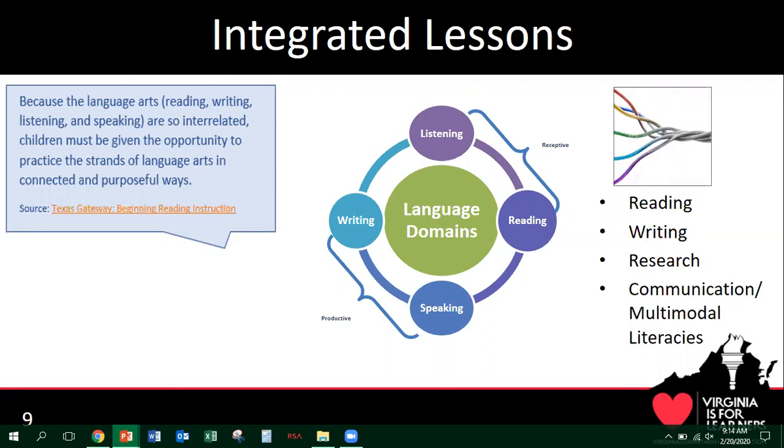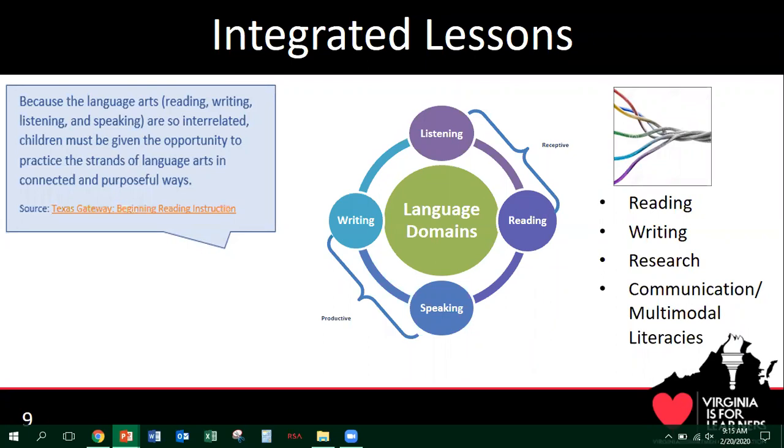And then if they are given ample opportunity to practice that within the lesson, if the teacher is making explicit connections to writing and how that speaking should support their writing, we also see the writing growth. So by incorporating all of the domains, teachers can leverage the students' domains of strength to continue to develop the domains that need some more support and practice.